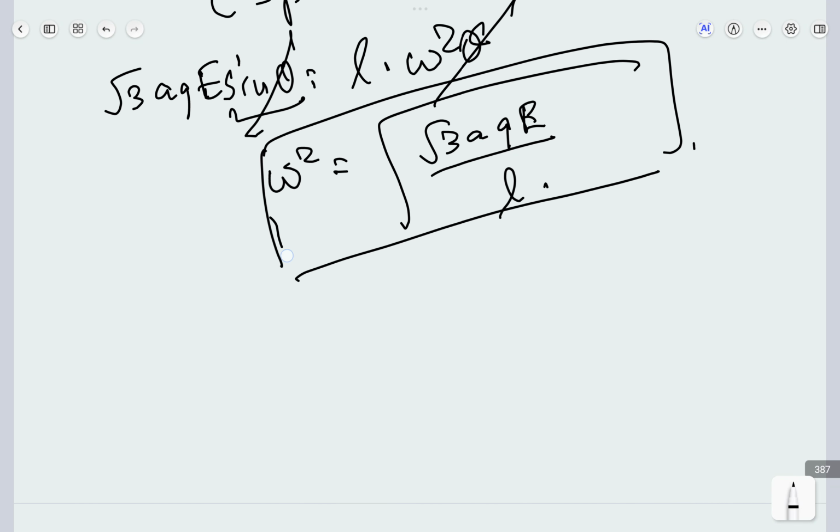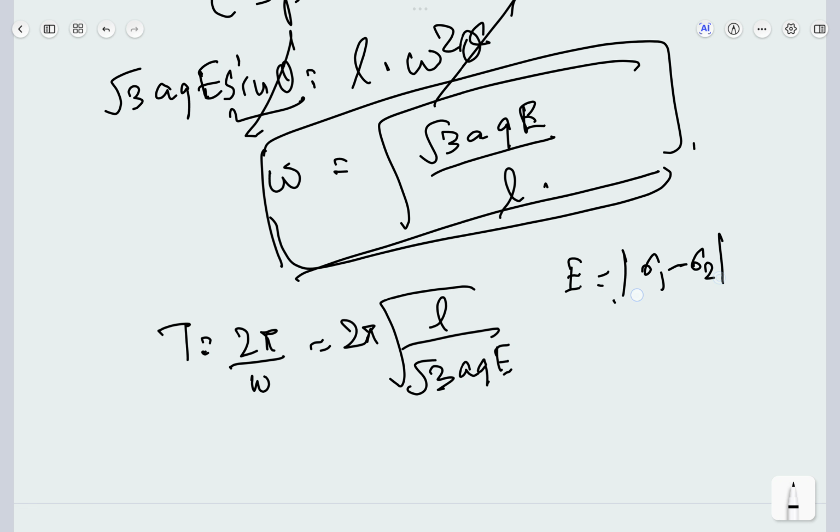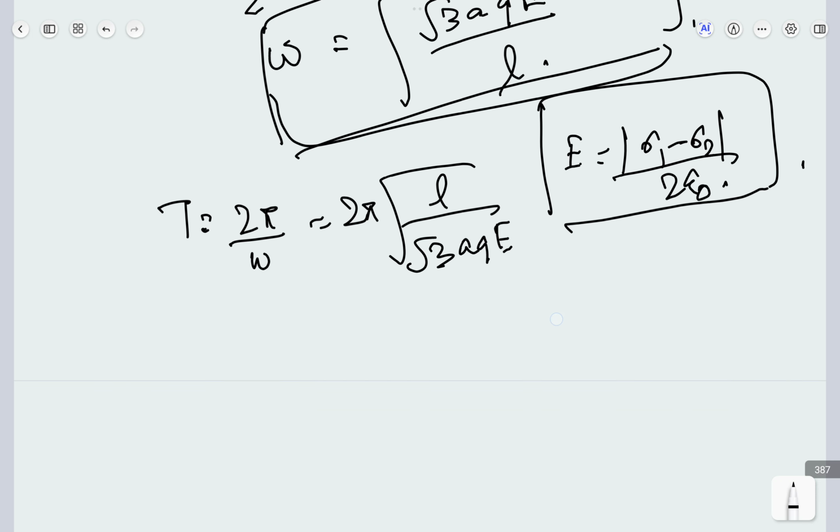So this is my omega square, right? So time is just, oh sorry, it's omega now. I took the root, so 2 pi by omega should be 2 pi L by root 3 aqE. Now substituting the value of electric field that I took before, which was E equal to mod sigma 1 minus sigma 2 upon 2 epsilon naught, I can put this into my original equation.